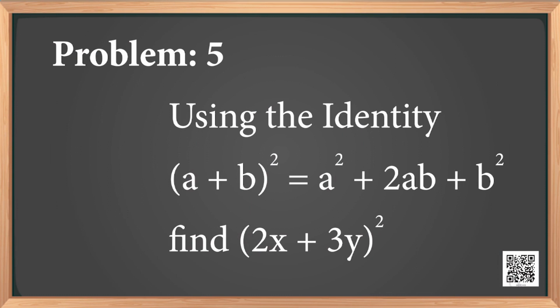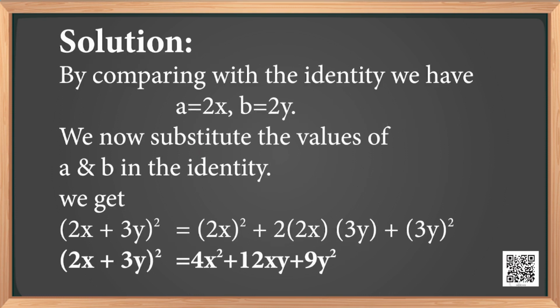Problem number 5. Using the identity (a + b) whole square is equal to a square plus 2ab plus b square, find (2x + 3y) whole square. Solution. By comparing with the identity, we have a is equal to 2x, b is equal to 3y.